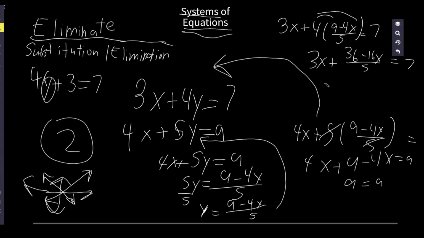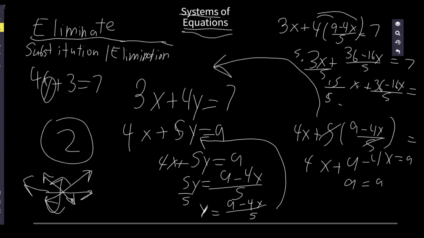Let's see, this is a bit complicated. Well, we could multiply the top and bottom by 5 here to get 15 over 5x plus 36 minus 16x over 5 equals 7, or that.